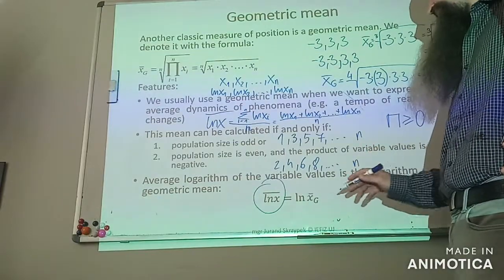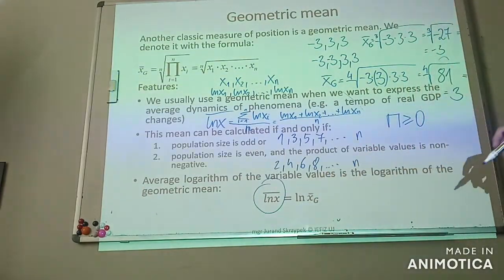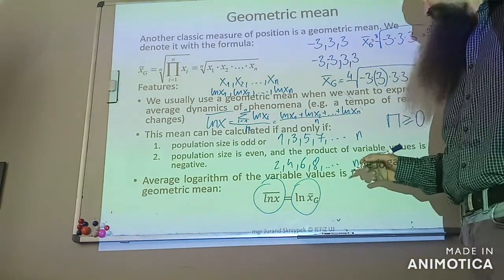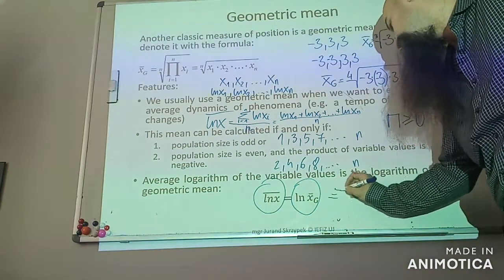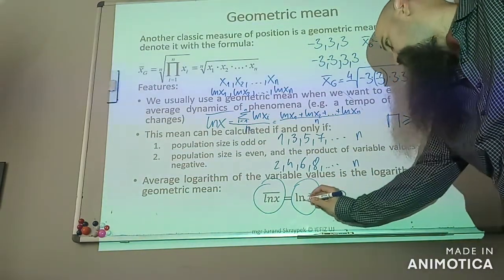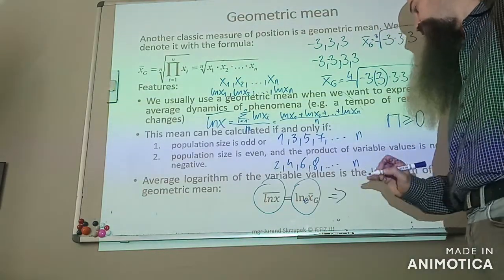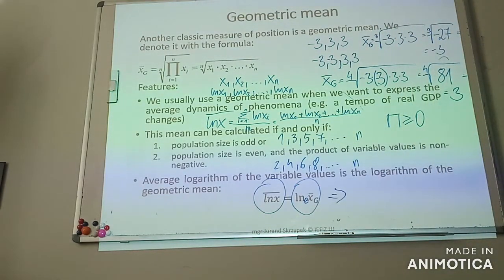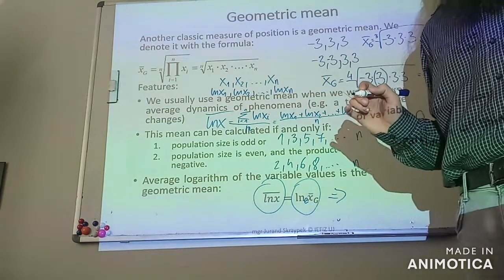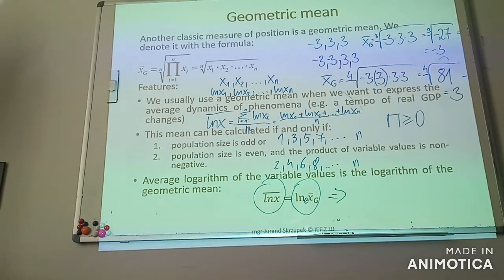This equals the logarithm of the geometric mean. It also means that here we have Euler's constant as the base of the logarithm.